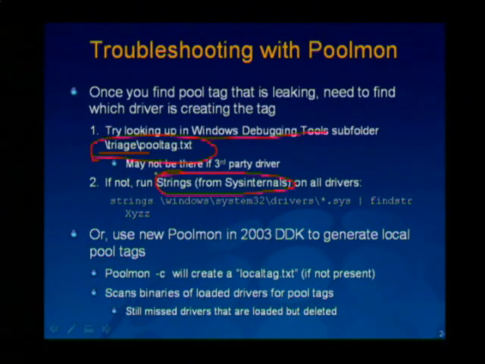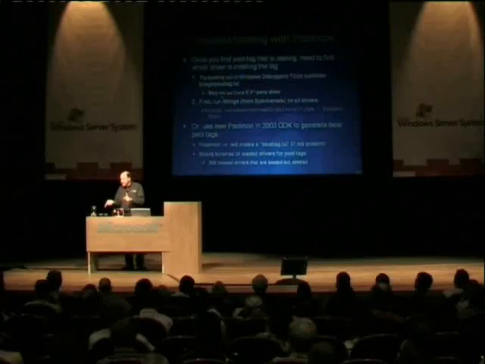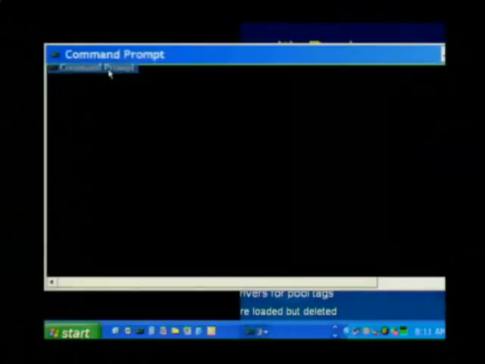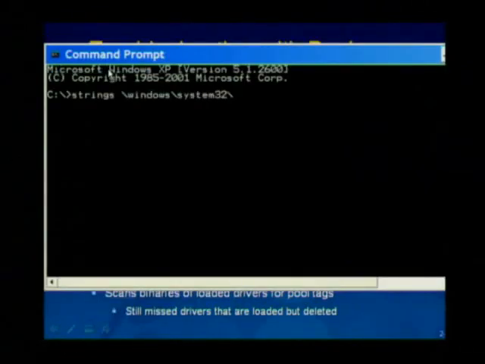So I'm going to use strings to dump the strings of every driver, and I'm going to pipe it to the Windows NT equivalent of grep, which is spelled FINDSTR. So I'm executing the command right here on slide 42. Strings, Windows, System32, drivers, star.sys, pipe it to grep, search for leak.